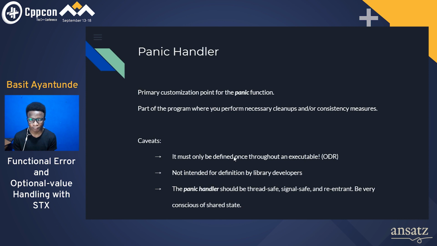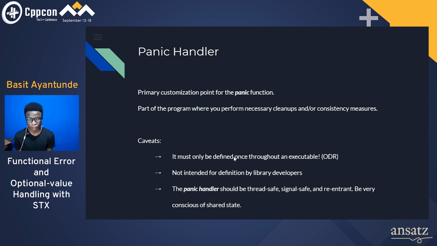You can also customize the panic handler, which is the primary customization point for the panic function. It is the part of the program where you perform necessary cleanups and do consistency measures. There are a few caveats to it. First, it must only be defined once throughout an executable, which is the one definition rule. It is also not intended for definition by library developers.